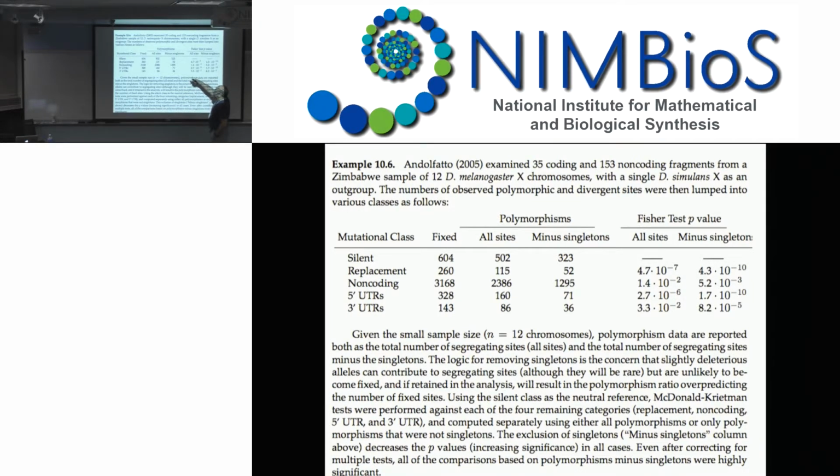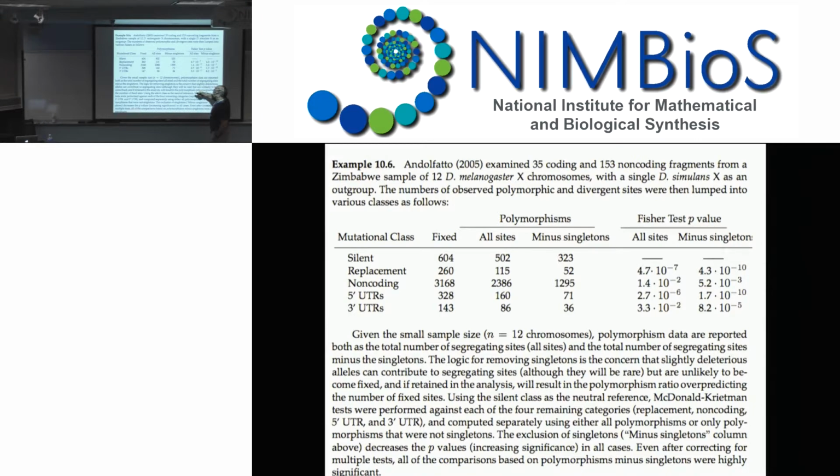So in this sample, what he saw was 502 polymorphisms across the entire silent site in melanogaster, and he saw 604 fixations between this large amount of sequence from melanogaster to simulans.